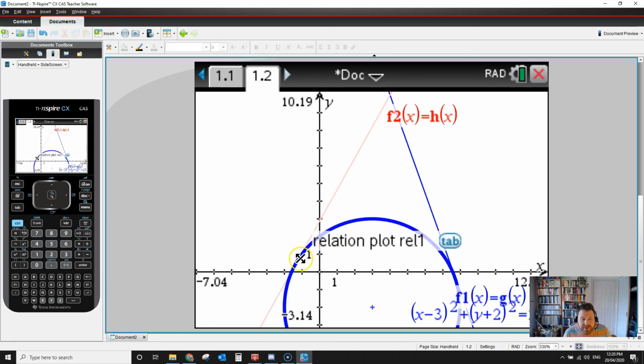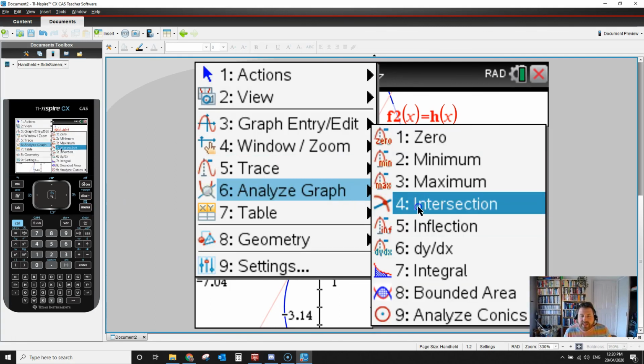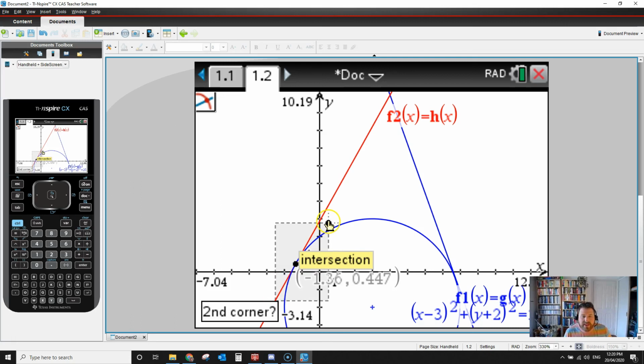Now, how do we find this point R that we're looking for in the first place, this intersection point? At this point, we can just use analyze graph and find intersections. We're going to find the intersection between the circle and this line. We click one, we click the other, and then we make a box around the area that we want to look inside, and it finds it for us there.